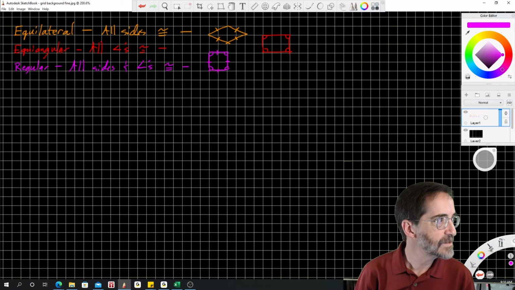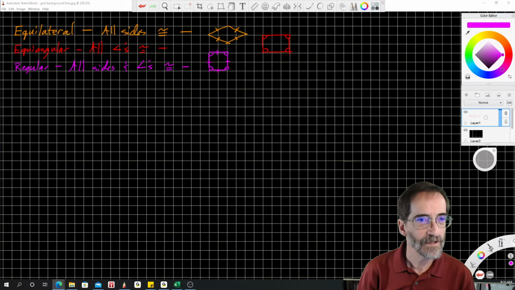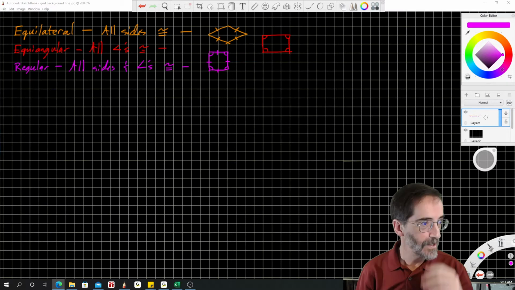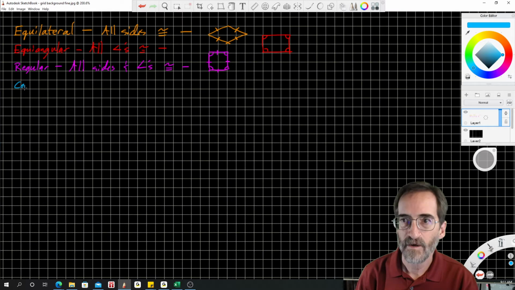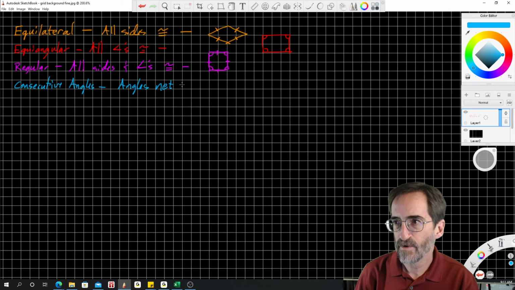Lesson 2, second slide. Talking about properties of parallelograms. The first word is consecutive angles. Angles next to, or in order.